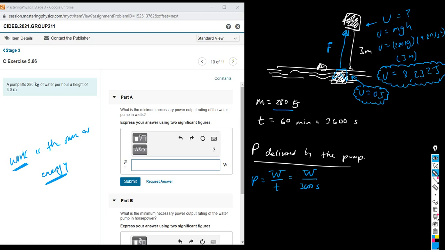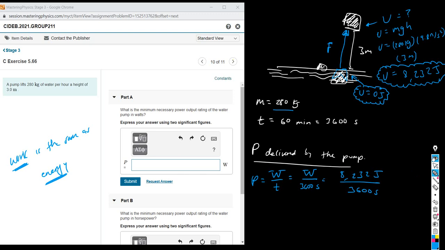By doing work on this package of water, I gave the package this much energy, 8,232 joules. Therefore, that was the same amount of work that the pump performed on the package. So this work is 8,232 joules over this many seconds, and this number, whatever it is, is going to be the power that should be here.